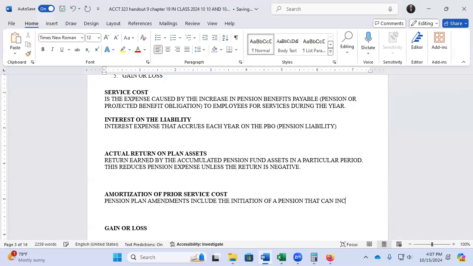That can increase or decrease benefits for employees that provided service in a prior year or years.